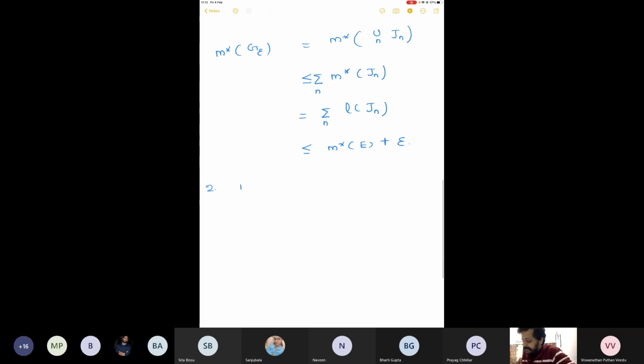So take epsilon equal to 1 by n, n belonging to the natural numbers.